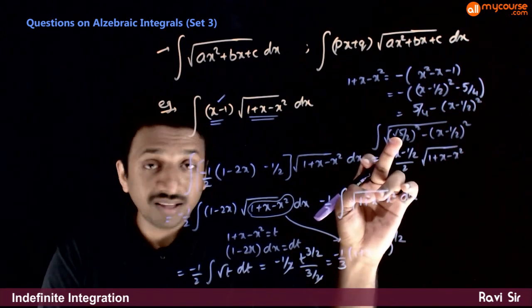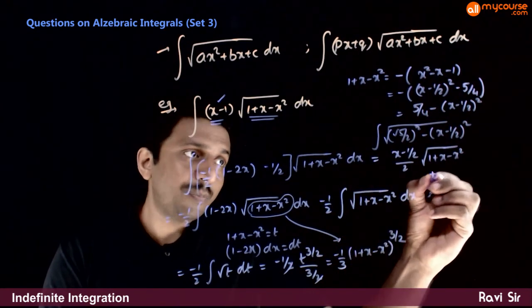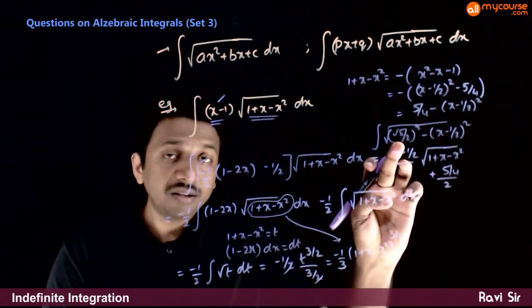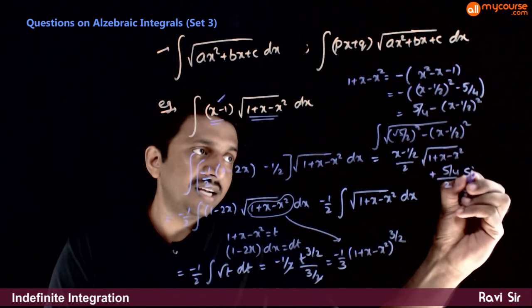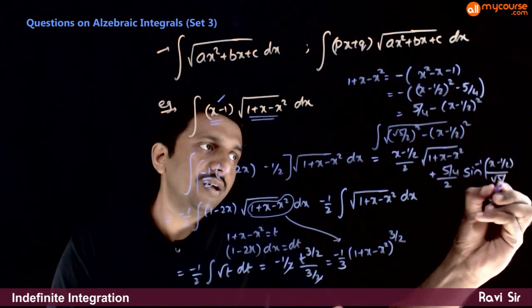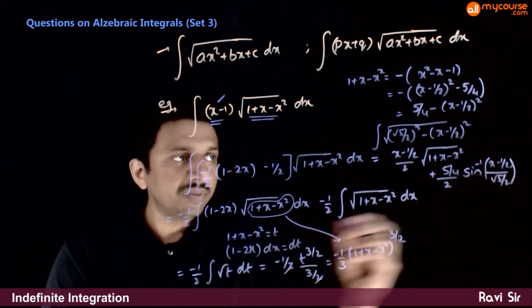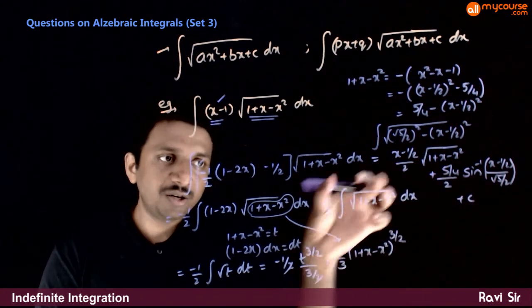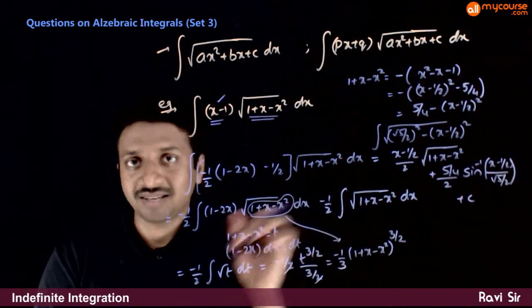The coefficient of the constant term is positive, so plus a square by 2. A square is 5/4, by 2. The integration of 1 by root of a square minus x square is sine inverse of (x minus half) by (root 5 by 2), plus c. So this integration is this. You just need to put it along with the minus half.